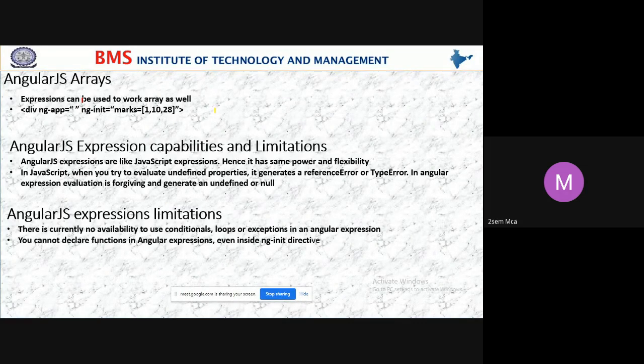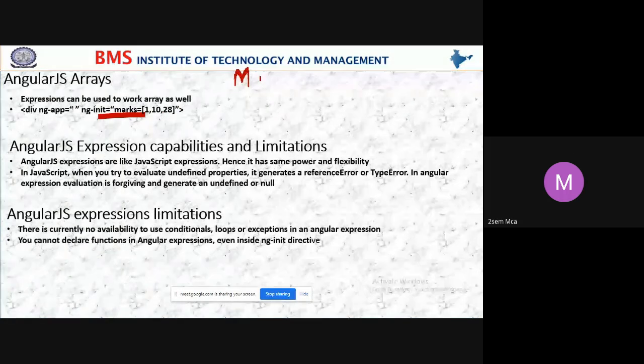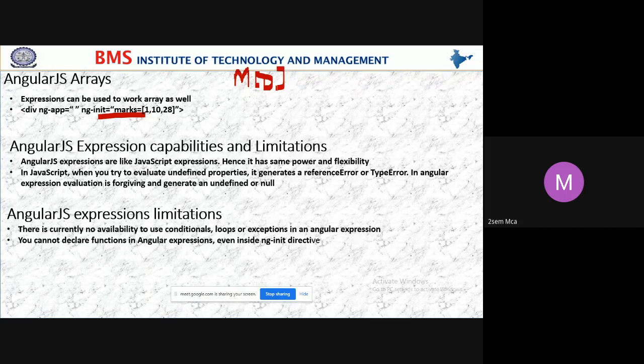The example is div ng-app ng-init marks is equal to 1, 10, 28. Means how it takes this marks. In short I am writing only m, students. Marks of 0 is equal to 1.